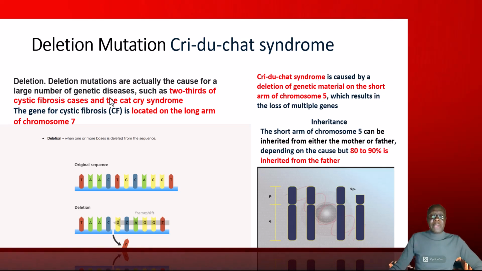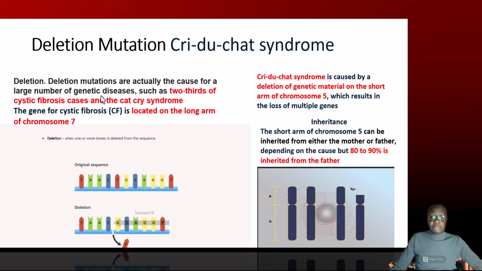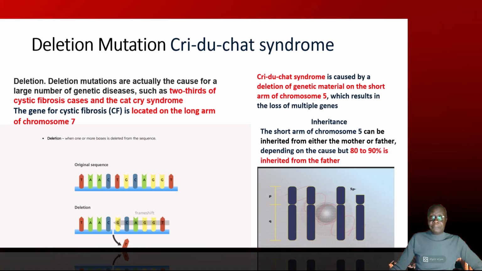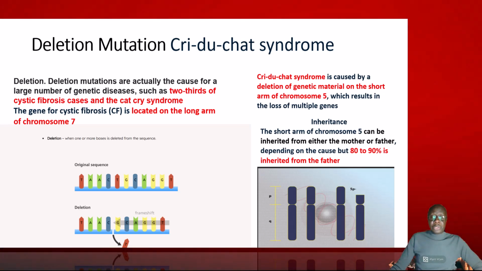The cystic fibrosis is also a life-threatening chronic condition, and it primarily affects the lungs and the digestive system. It is a very serious, life-threatening condition.